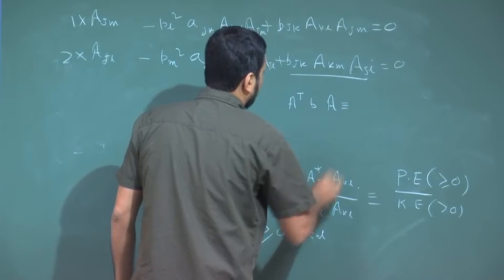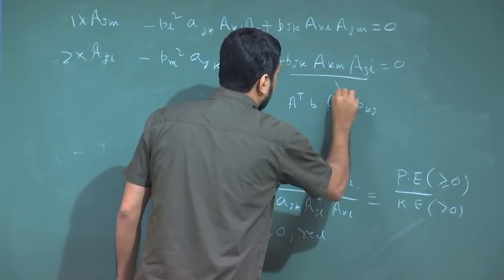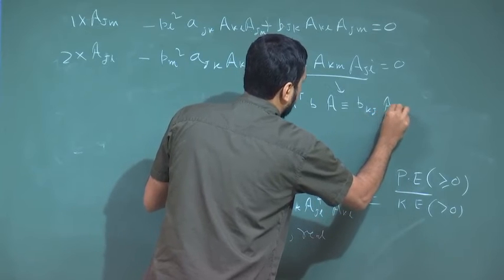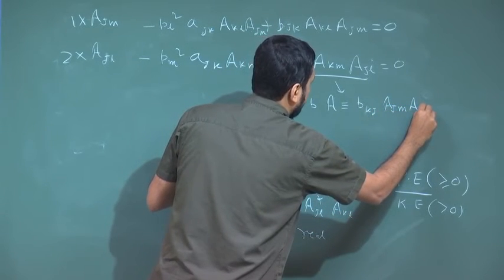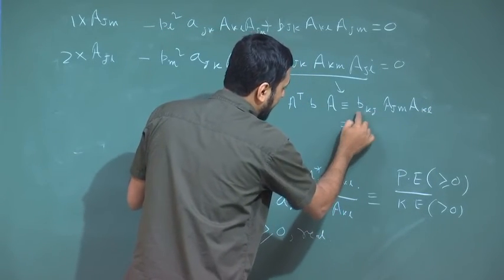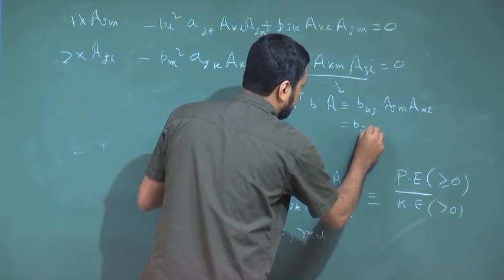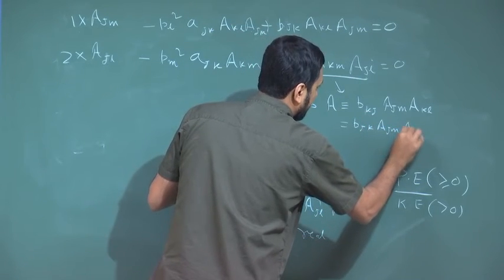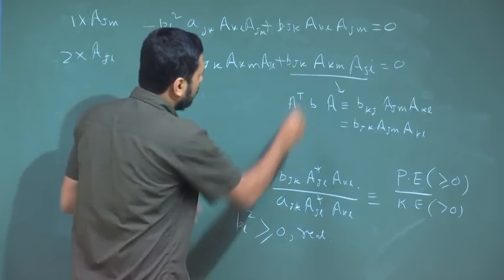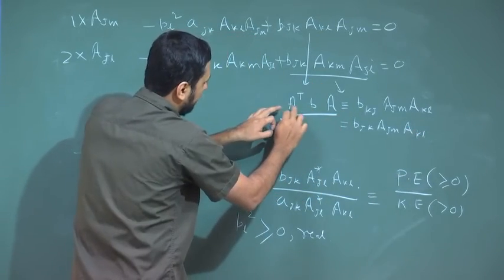We can also write this as B kj, just interchanging these two indices, B kj A jm A kl. And as B kj is equivalent to B jk, we can write this as B jk A jm A kl, which is exactly equal to what we have up here. So, both these terms point to this matrix operation, which I am just writing in components, A transpose B A.